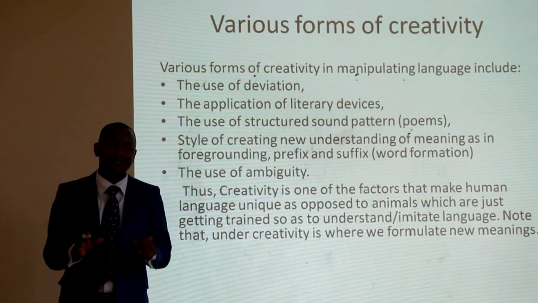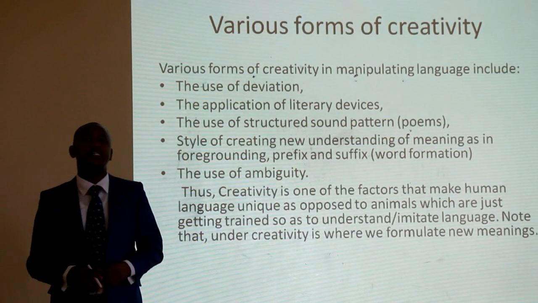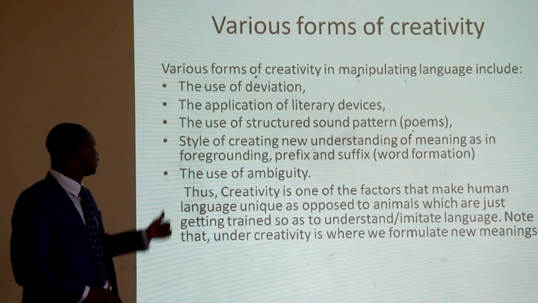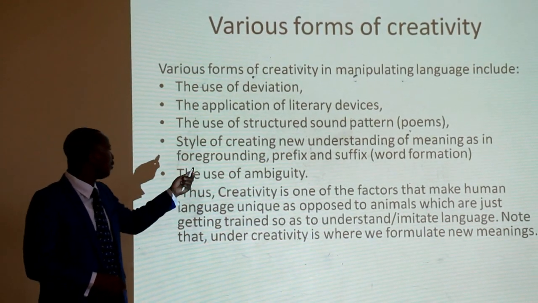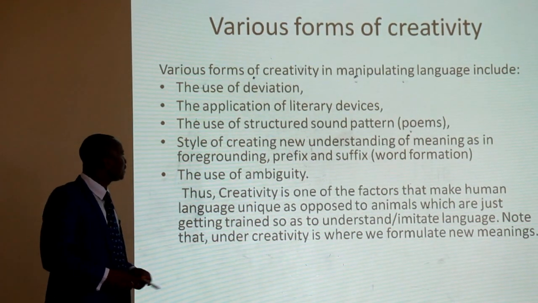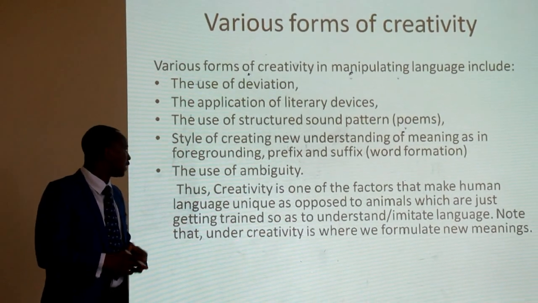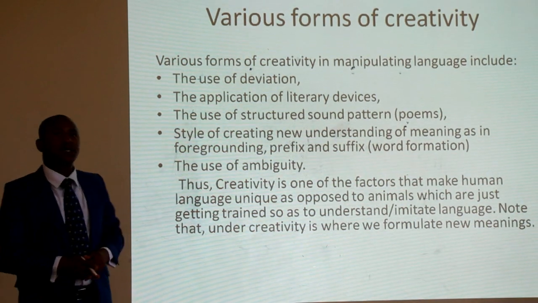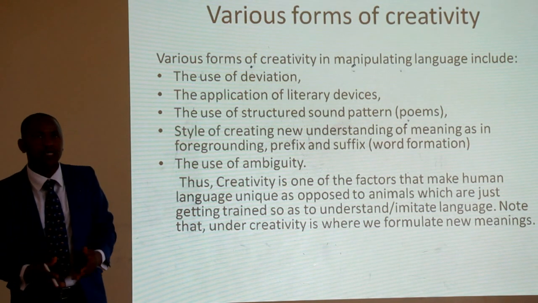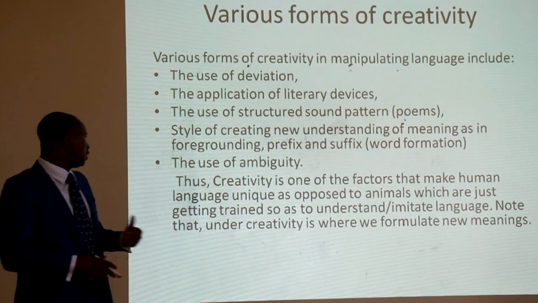Let us see the various forms of creativity in language. The various forms of creativity in manipulating language include the use of deviation, the application of literary devices, the use of structured sound pattern, especially in poems, the style of creating new understanding of meaning, as in foregrounding, prefix and suffix, that is in word formation, and the use of ambiguity.